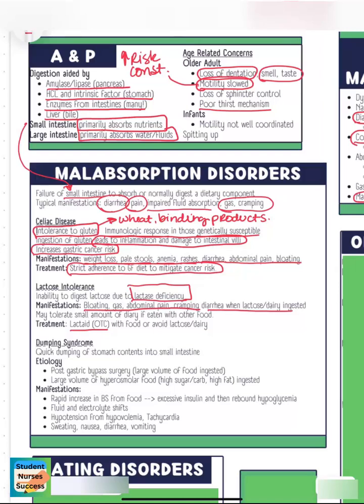So if you want to enjoy some dairy products, some ice cream or cheese, if you just take a Lactaid, you'll give yourself a dose of lactase and you'll be able to digest and break down that lactose. The other option is just to avoid lactose or dairy.